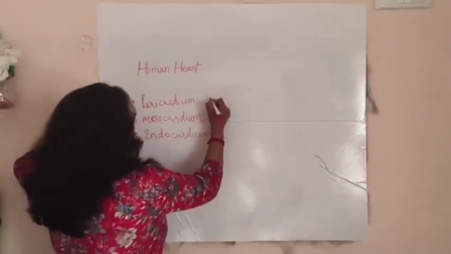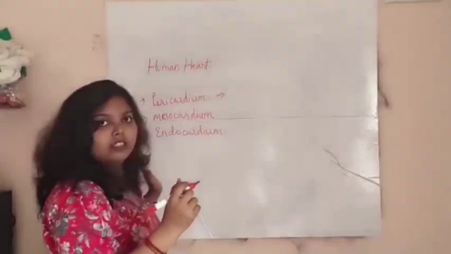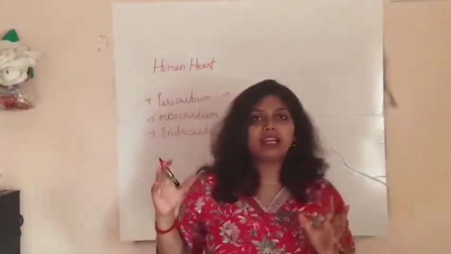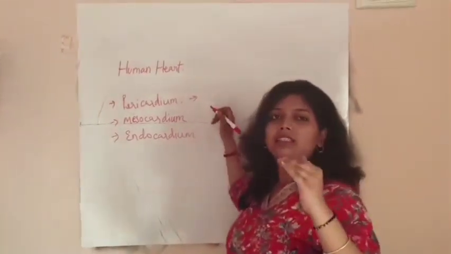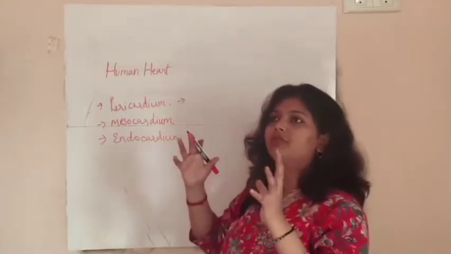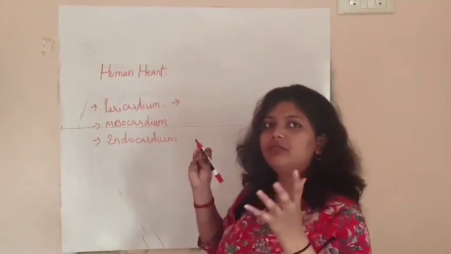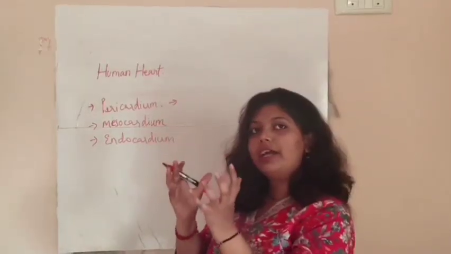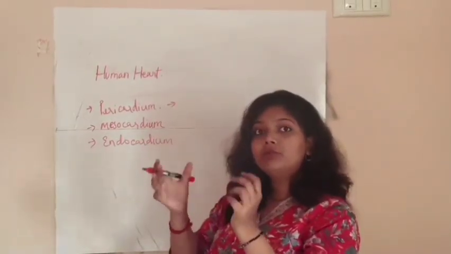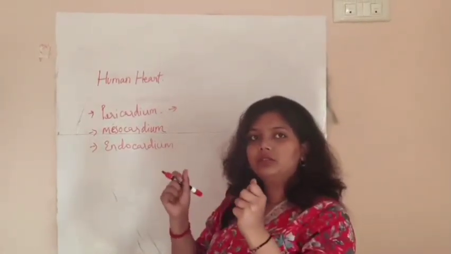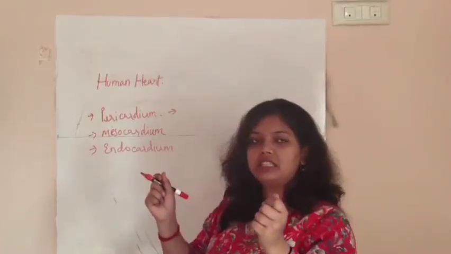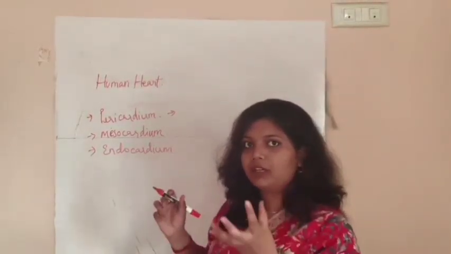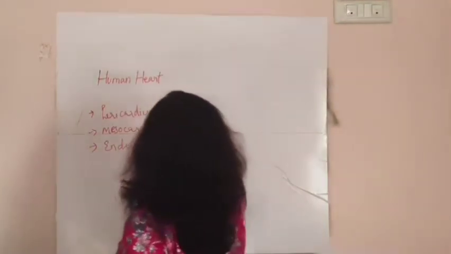The pericardium is a double sac-like structure that provides protection from friction. It's also like a little fluid cover on the surface of the heart, so that your heart does not tire or tear itself because of the friction while pumping. Okay, pericardium.